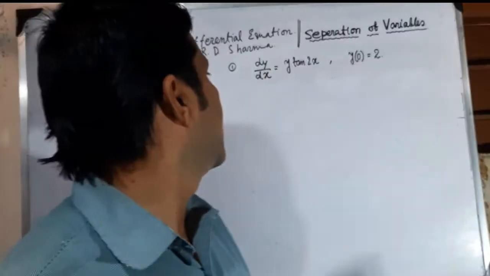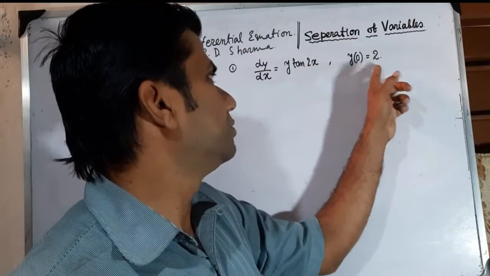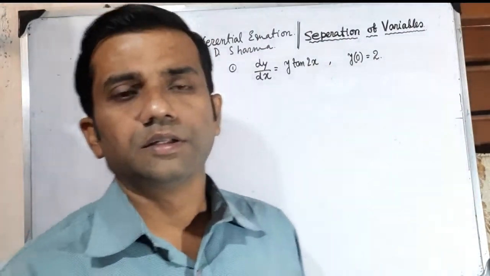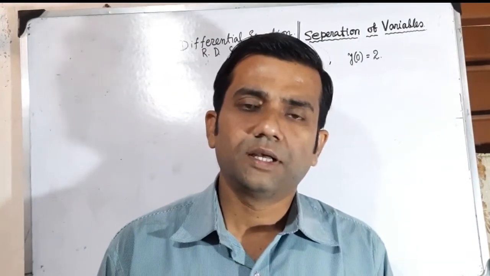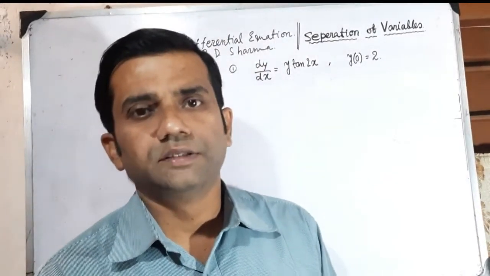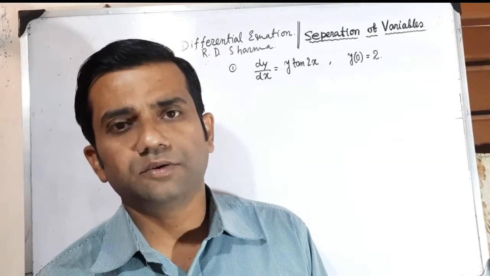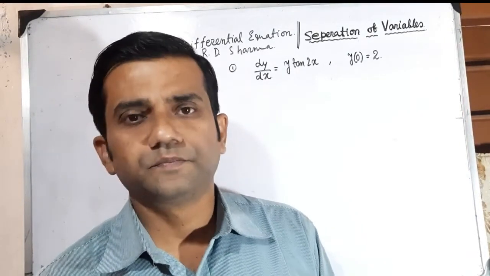This type of equation: dy/dx = y tan 2x, y(0) = 2. I have already told you that there are two types of solution, that means general solution and particular solution. A general solution involves an arbitrary constant c.